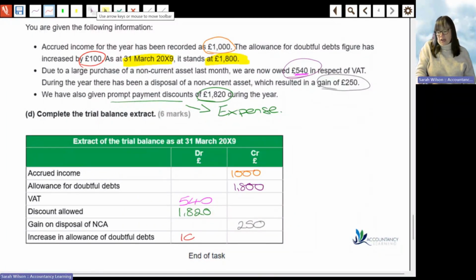So therefore, it's going to be £100 on the debit side of the TB. So as you approach these types of questions, make sure that you break it down into each individual one, work out what type of account and where that would sit on the TB. That's the end of task 3.